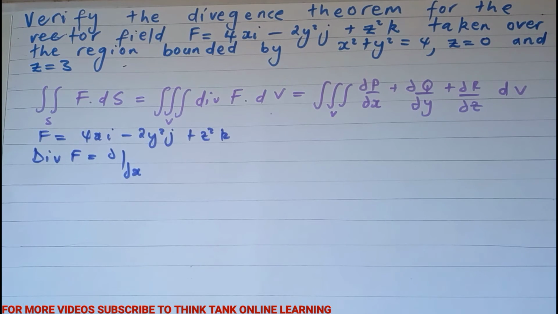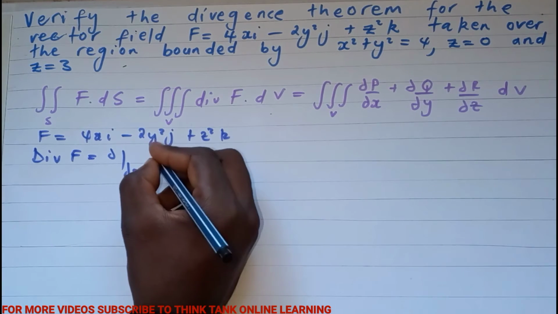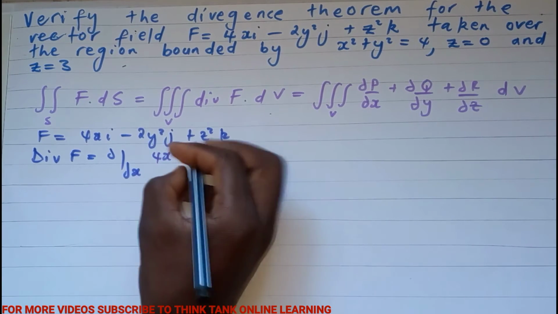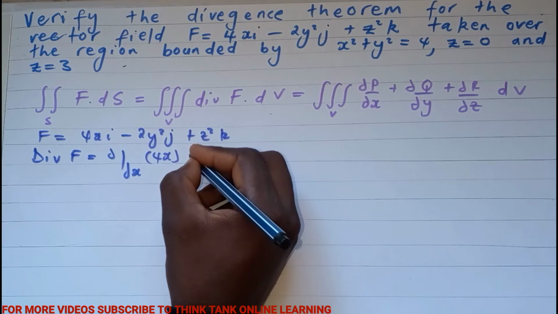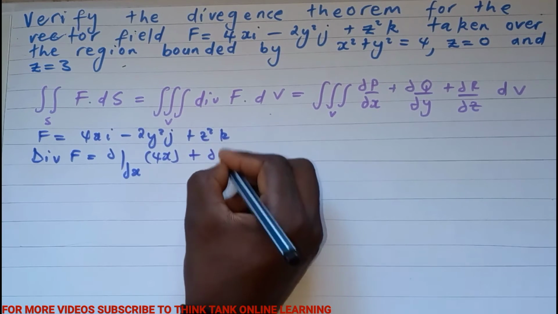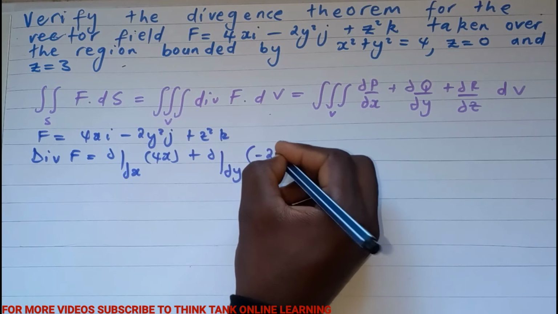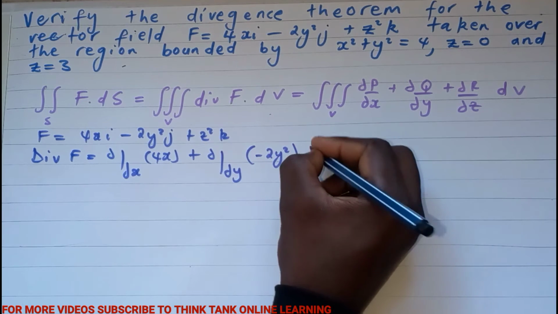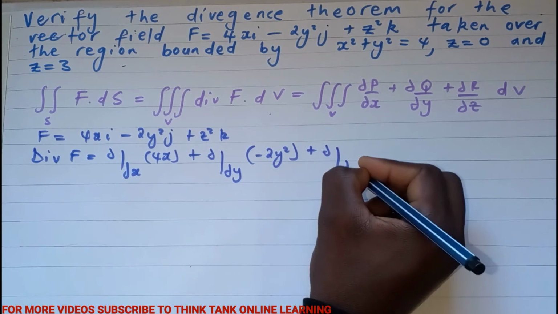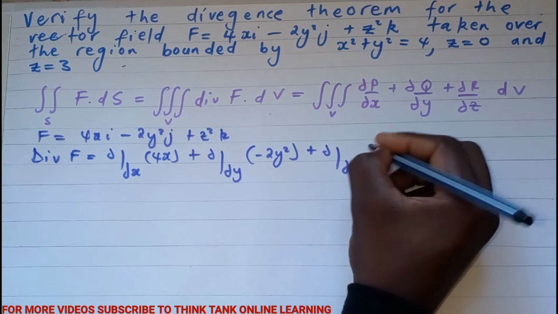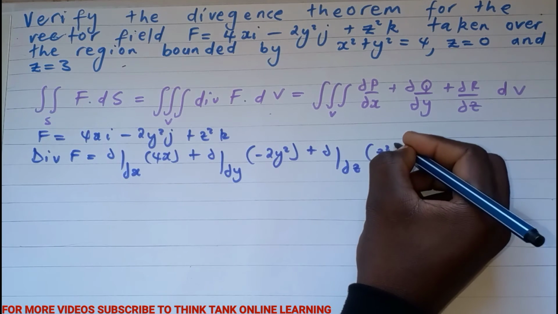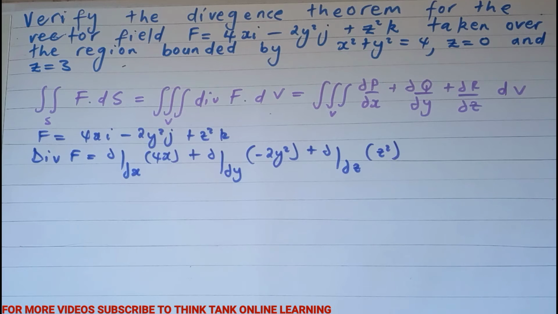So we have the partial with respect to x of 4x, plus the partial with respect to y of −2y², plus the partial with respect to z of z².